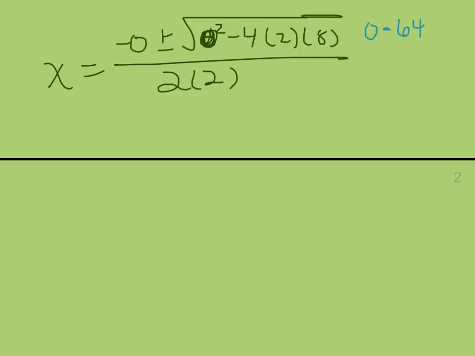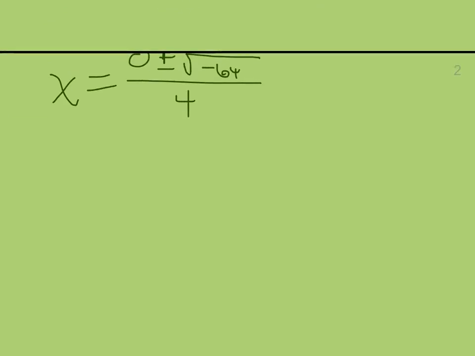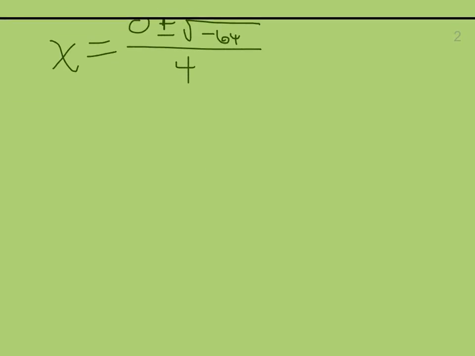So now we have x equals, negative 0 is just 0, plus or minus the square root of negative 64, all over, let's say 2 times 2 is 4. Alright, now, what we have here is two factors that are very similar and very close to each other, but not exactly the same. We're going to have x equals 0 plus or minus, the square root of negative 64 is 8i, all over 4.